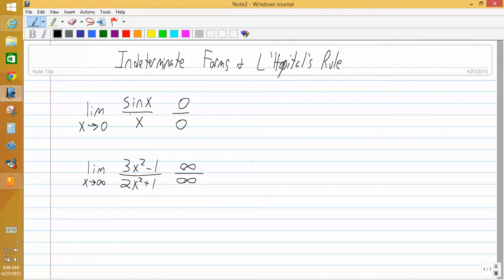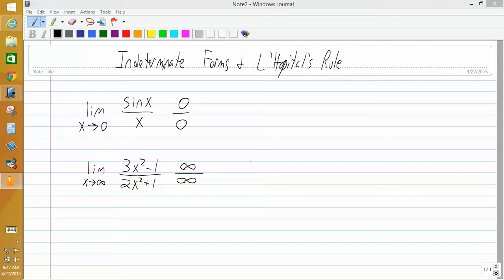And these two are actually the forms that we're going to try to get almost every other indeterminate form to. There's going to be some kind of trick where I can do something and eventually change it into 0 over 0 or infinity over infinity. The reason we want to do that is so we can apply something called L'Hopital's rule.